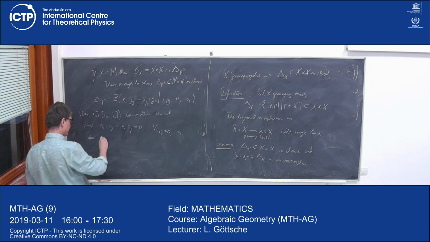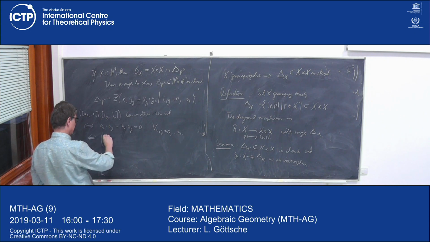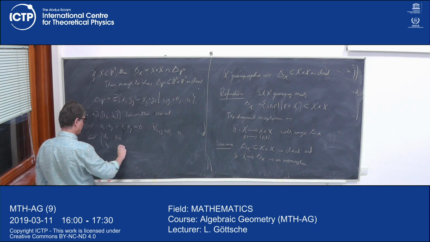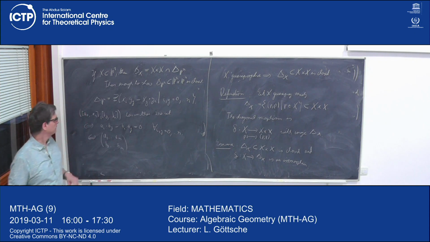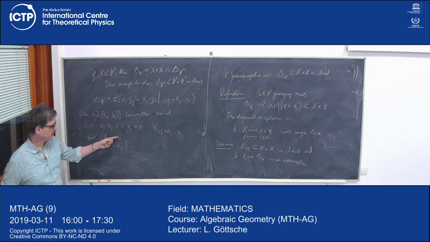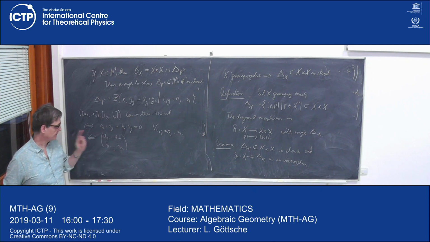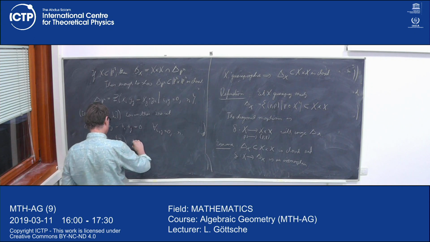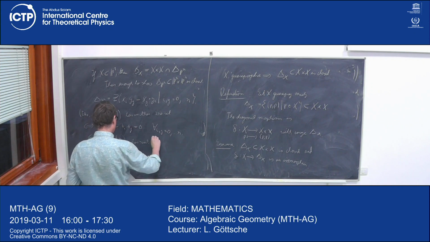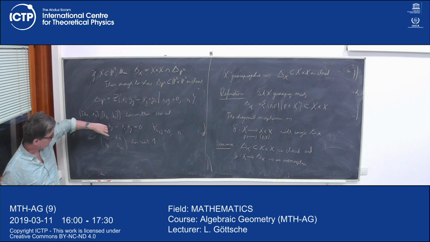And so this is the same as saying that if I take the matrix with rows a0 to an, b0 to bn, these are points in projective space, so this thing is not 0, this thing is not 0, this is if and only if the rank of this matrix is 1. Because these are precisely all the 2 by 2 subdeterminants.